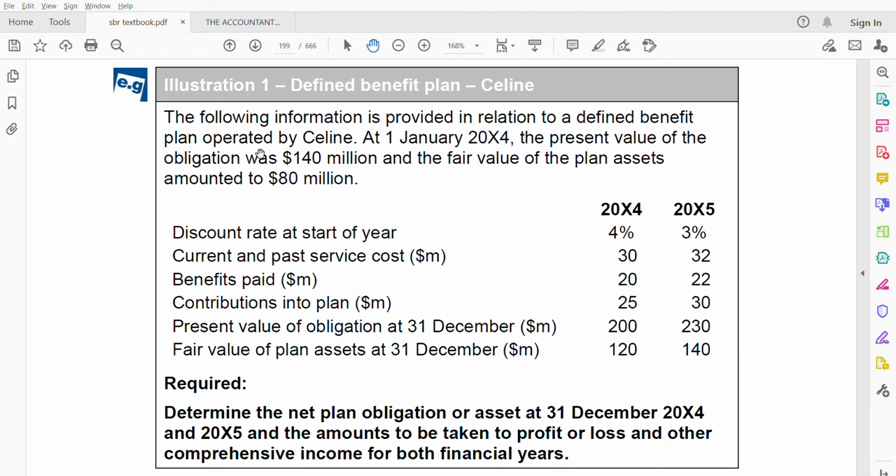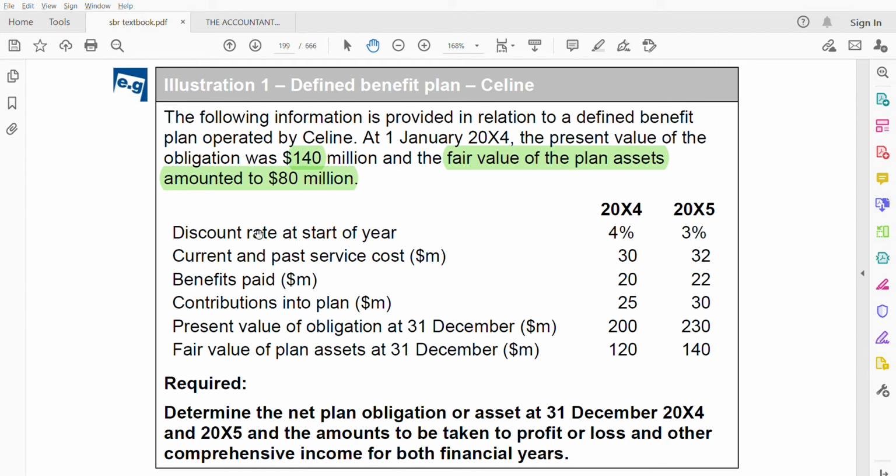So this is the present value, 140 at 1st of Jan, that is the opening balance, and this is the fair value of plan assets, which is 80 million. These are the opening balances: one is for obligation, 140, and one is for plan assets, 80.